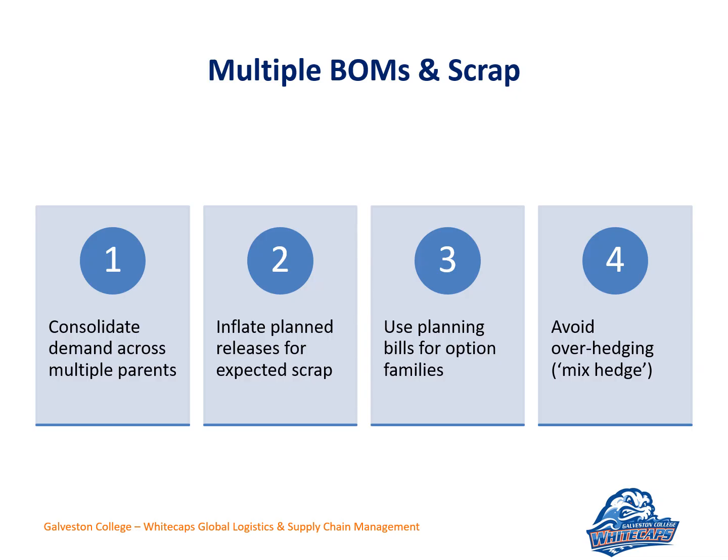They're supplying that one product. They don't care how many different models it goes into. They want to know how many you need. That's what I mean by one unified signal. So that's where you consolidate demand across multiple parents, and then inflate the planned releases for expected scrap.